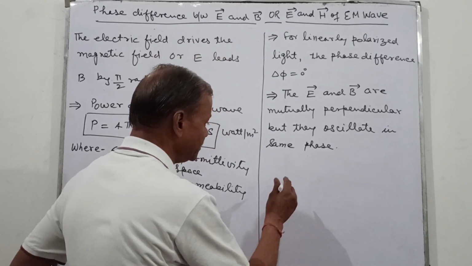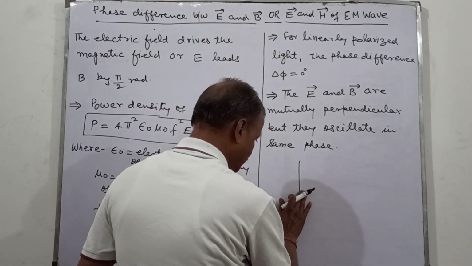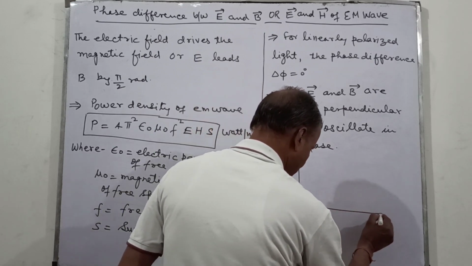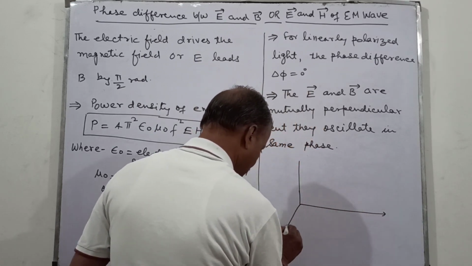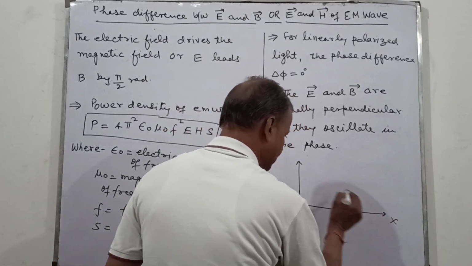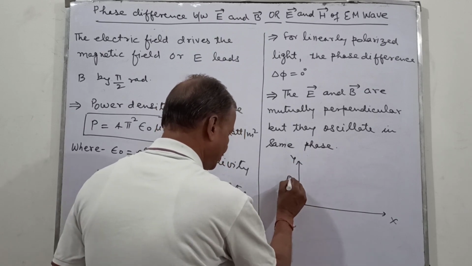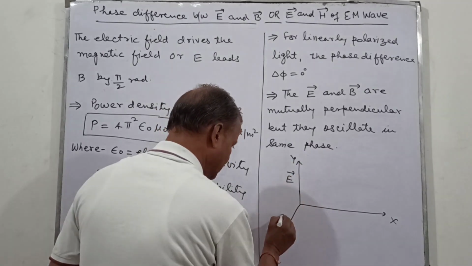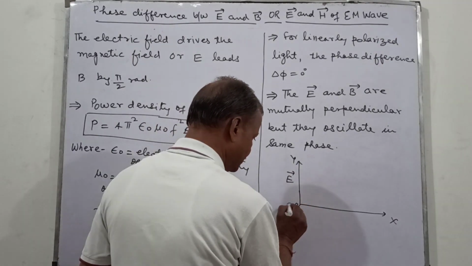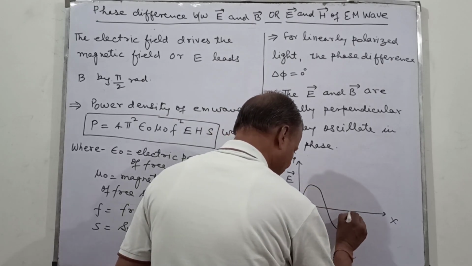So we can say that, suppose we take this as x axis, this is y axis, this is now z axis. Here we take the electric field, here we take the magnetic field in this direction. This is now origin, and then we can have the wave.